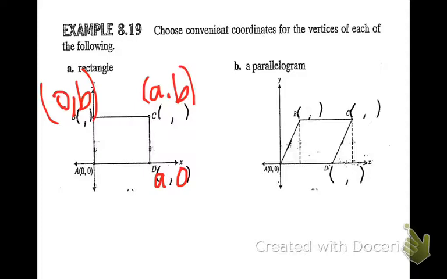In B, we have a parallelogram. We'll call point D A0. What can I call point B?